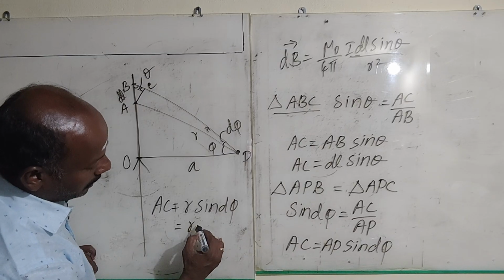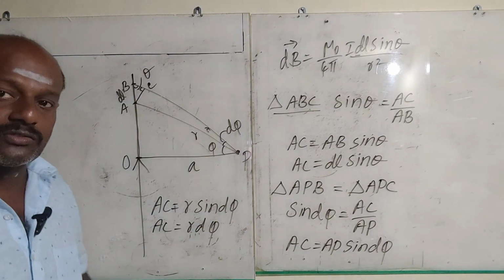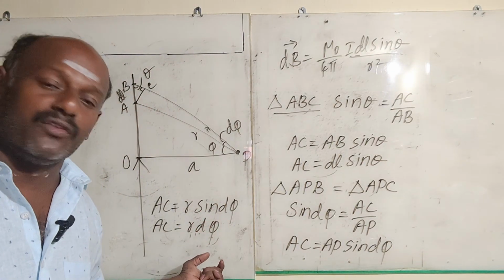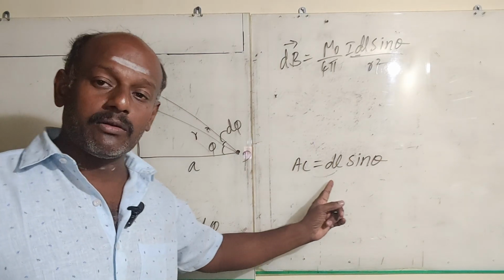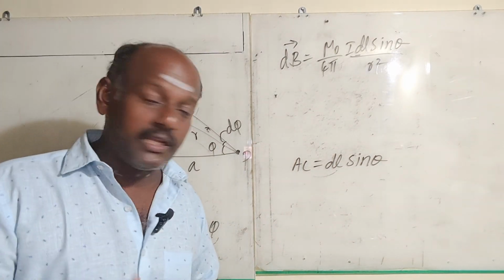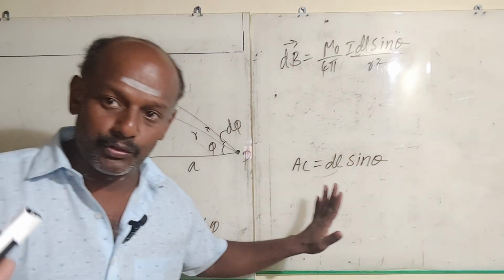That means R d phi, because when the angle is very small, sin d phi will be equal to d phi. So finally I will get R d phi. AC will be equal to dl sin theta, or AC is equal to R d phi. So what is its meaning? Instead of dl sin theta, I can simply write R d phi. This is what I am going to do.